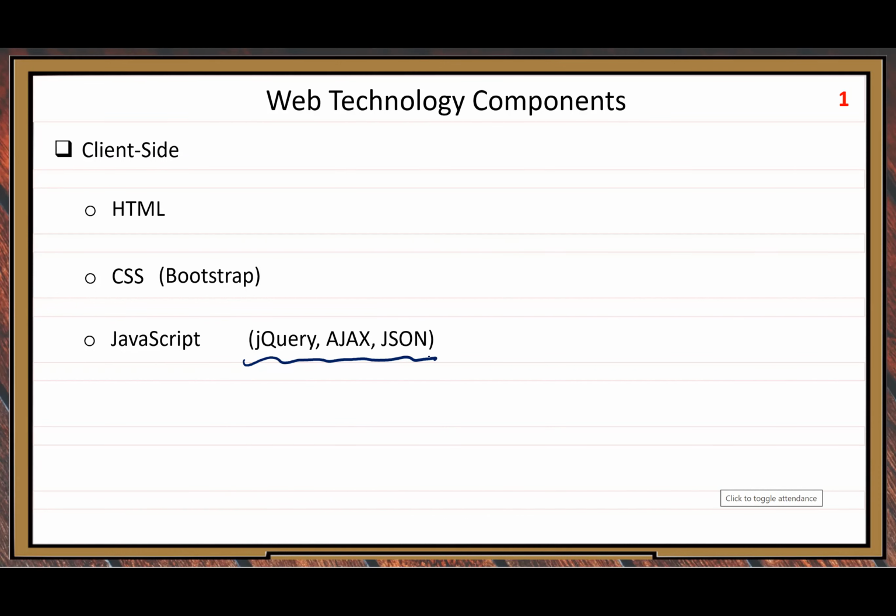Later, I will use another slide to explain these 3 technologies. We try to use as much as we can in this class. So that's the client-side web technology. Not too much. I will not use advanced, just basic. But very useful, very important.